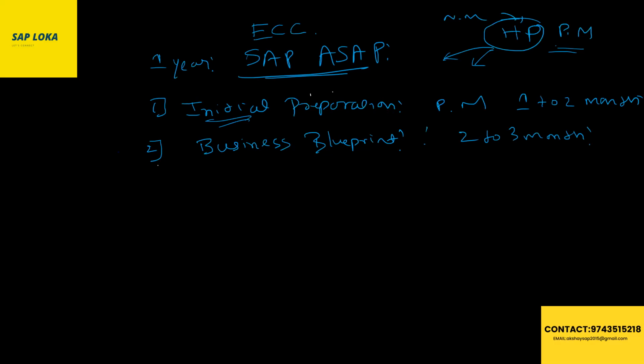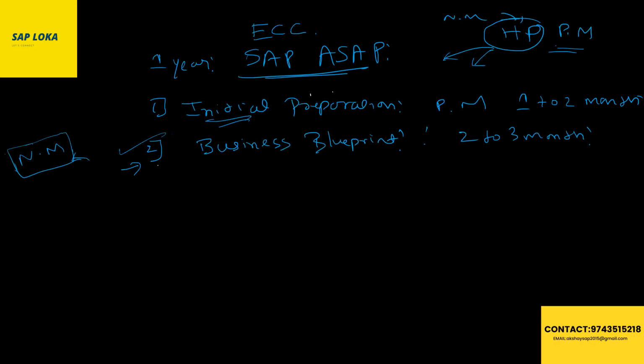So what will we do in the business blueprint phase? Here, all consultants' hiring will happen. Once hired, there will be an initial kickoff meeting. We need to go to our client place, let's say Nandini Milk, wherever it is, and understand their process.